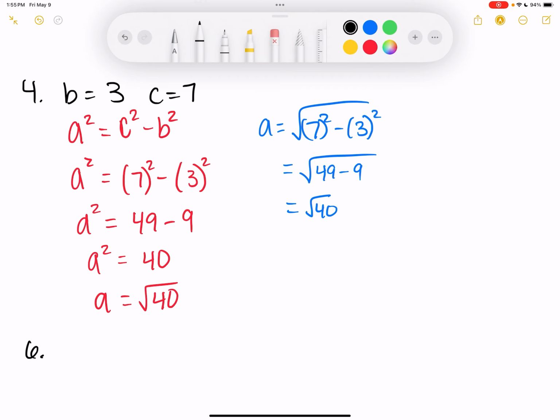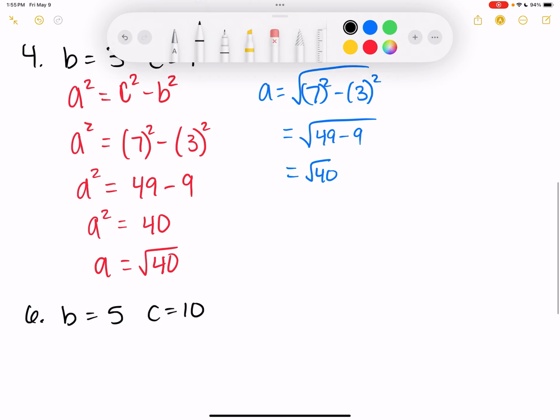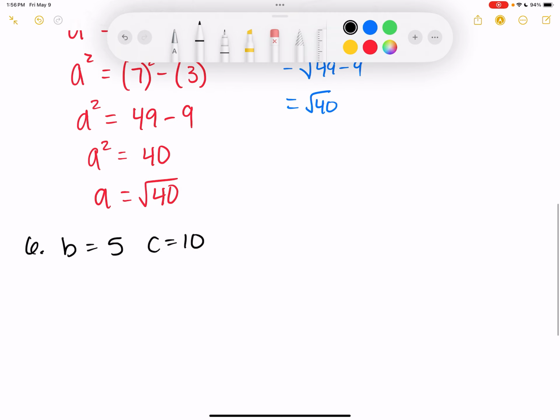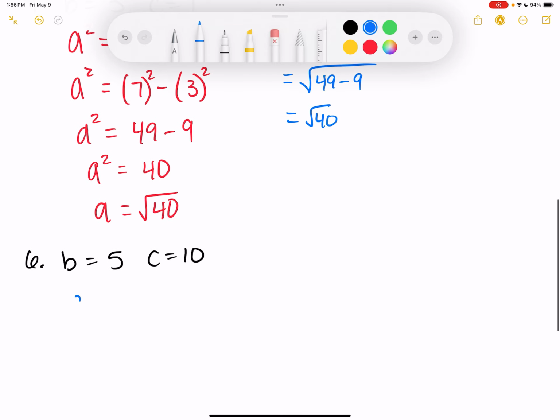Six. B equals 5 and C equals 10. So, I'm just going to use the short form. A is the square root of C squared, so 10 squared, minus 5 squared.